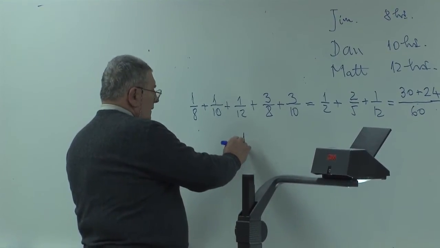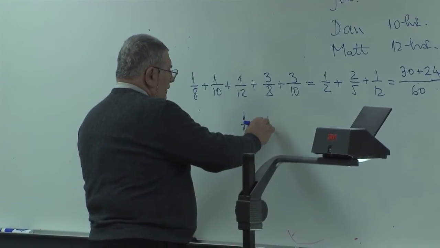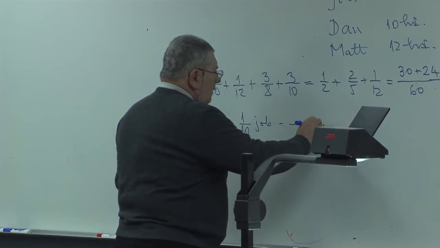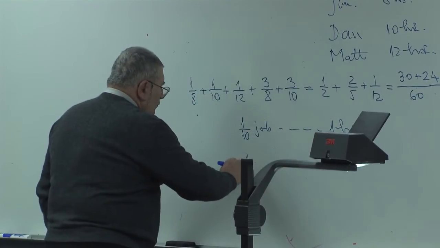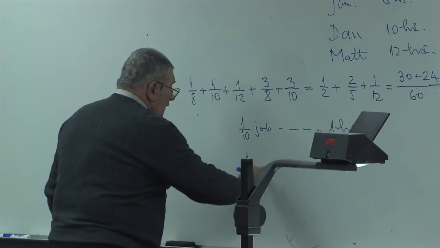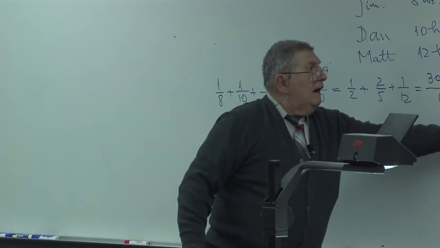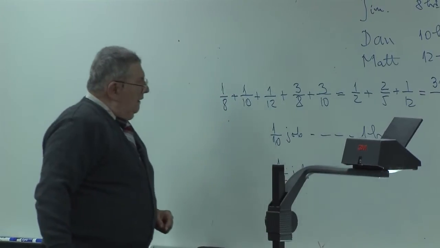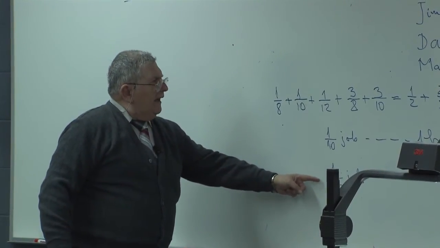Dan does 1 over 10 of the job in 1 hour. How about the 1 over 60 of the job, which remained after this? So I will divide by 6.